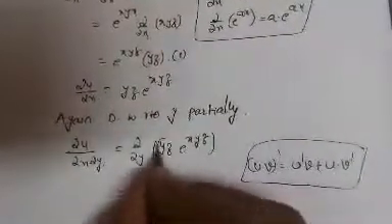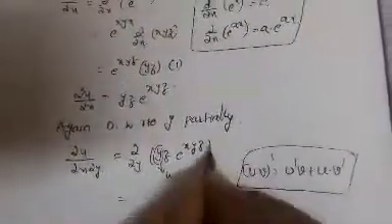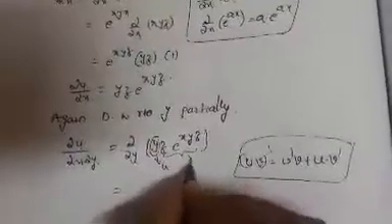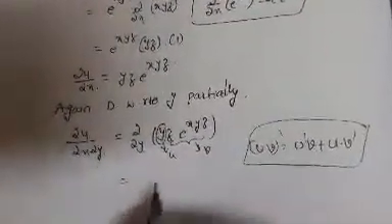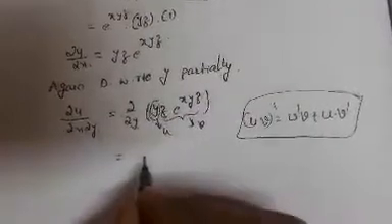Now treat this as u and this as v. So treat y as u and this function as v. So (uv)' equal to u'v plus uv'. So u' means 1 into z e power xyz, plus u into v', ∂/∂y of z e power xyz.